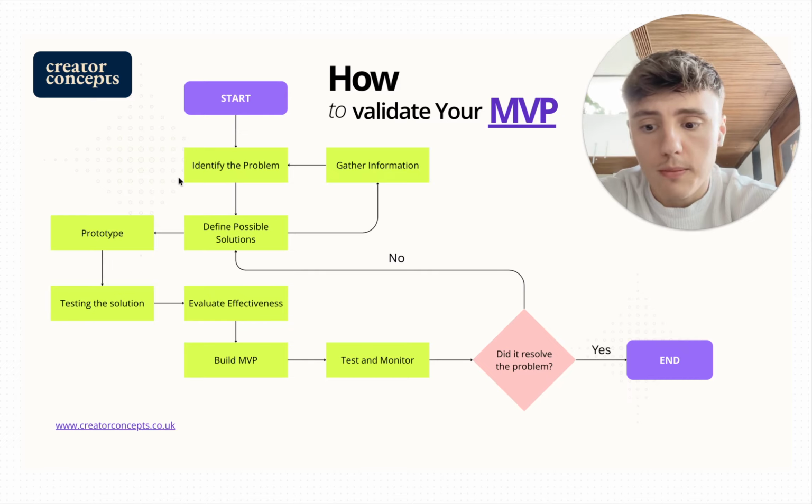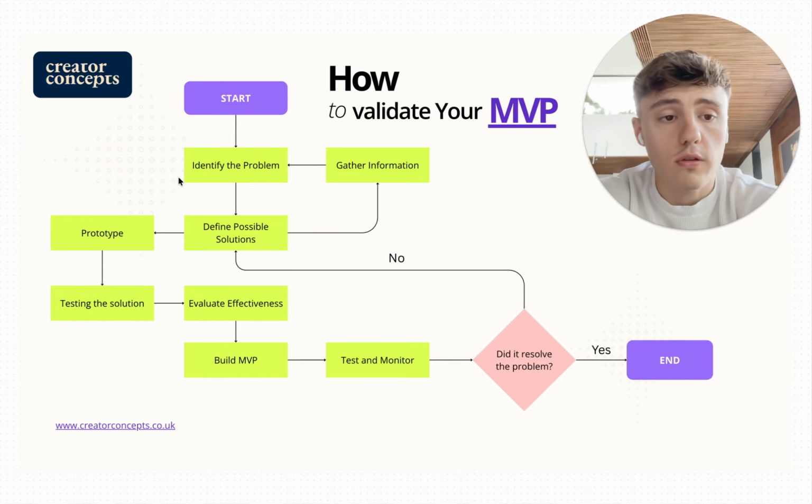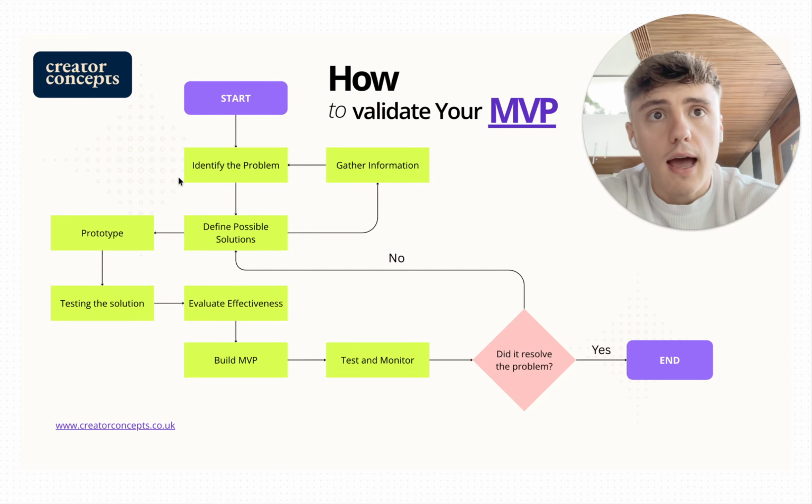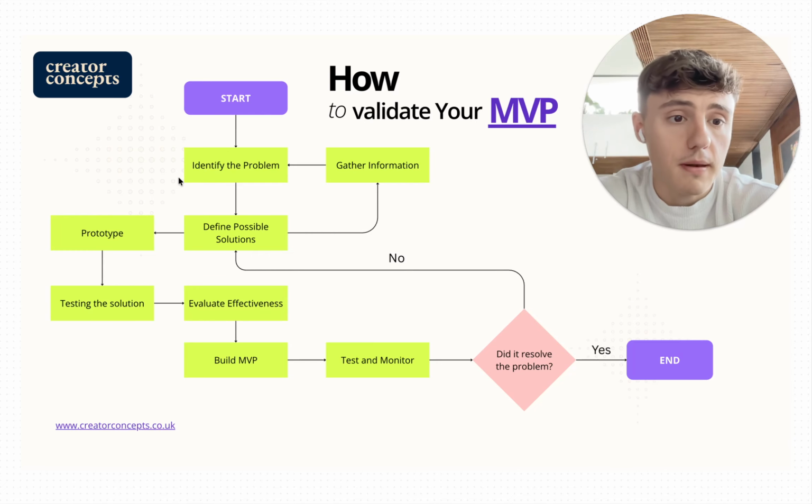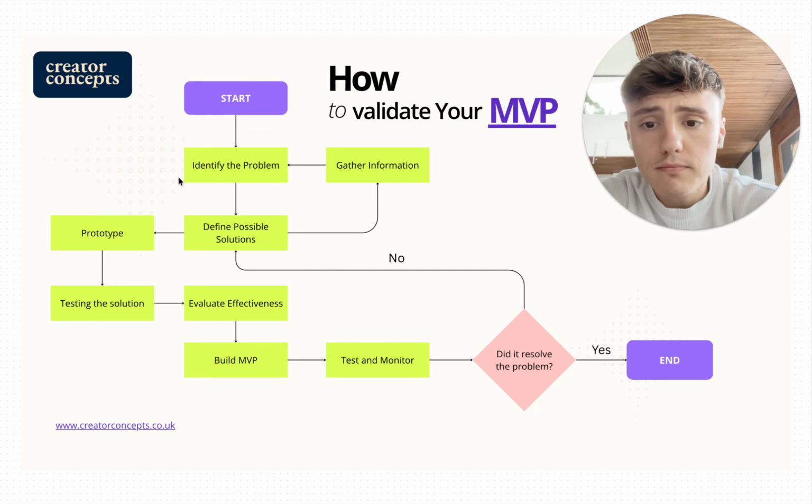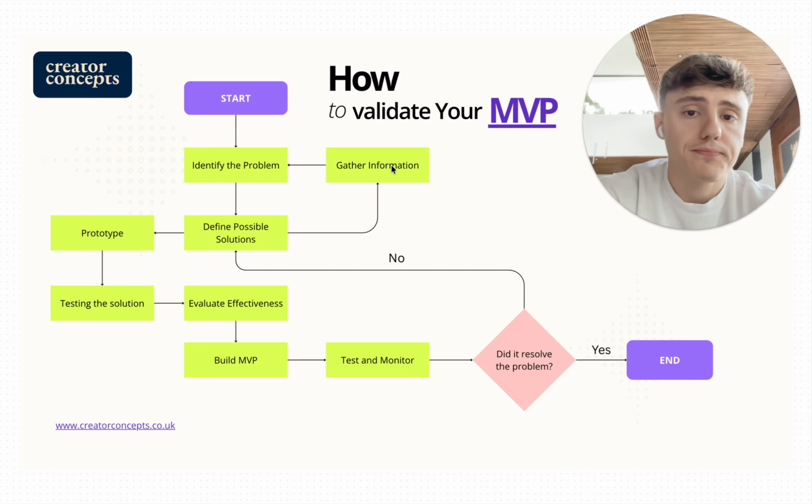And when you look at it from a competitor standpoint, the wrong way to think about competitors is, oh, the idea's already been done or the startup's already been done. What that actually shows is validation and it's proof that the problem actually exists and there's people out there trying to solve it. So you want to define possible solutions and you want to gather information around that. So this is this stage here.